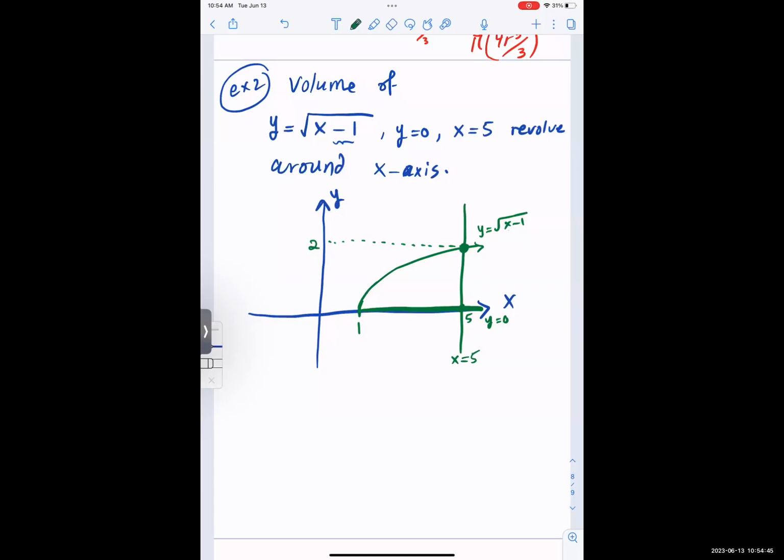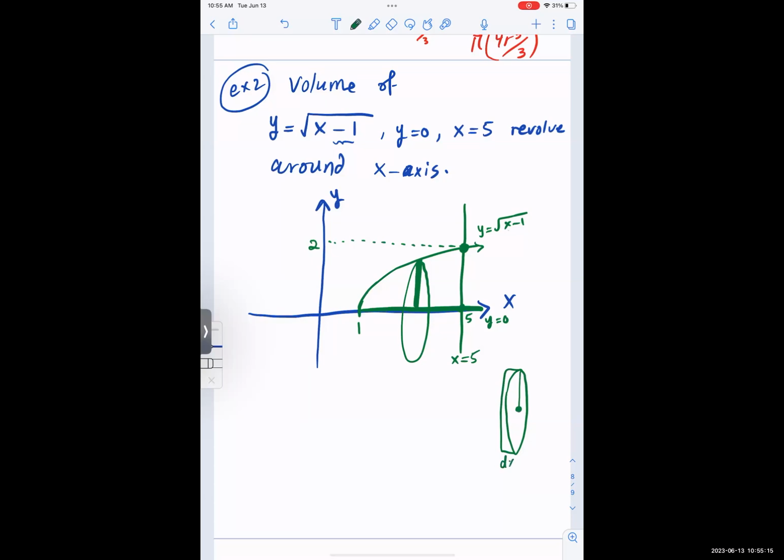So now you are taking a piece out of here and you are revolving that around the x-axis. So here's what the shape would look like. So I need to come up with the radius.